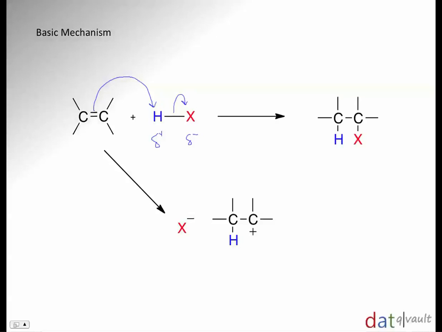This is the rate limiting step. An electron pair from the halogen will come over and attack the empty p orbital of the carbocation, and then we'll get our product, just adding a hydrogen and a halogen across this double bond.